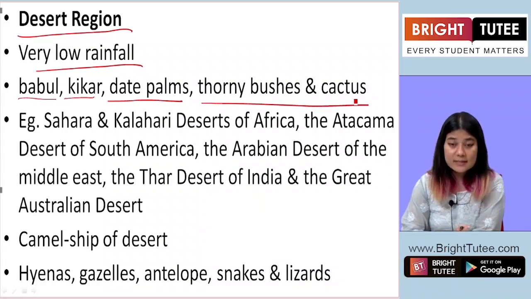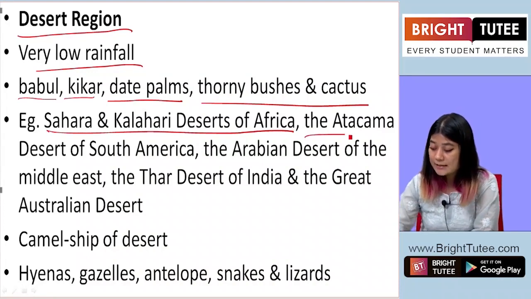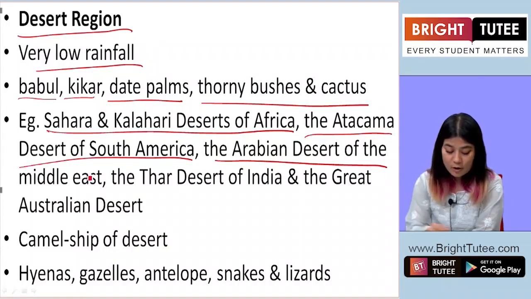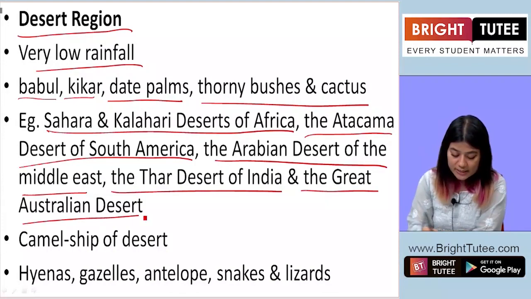So some of the desert regions around the globe are the Sahara and Kalahari deserts of Africa, the Atacama Desert of South America, the Arabian Desert of the Middle East, the Thar Desert of India, and the Great Australian Desert.